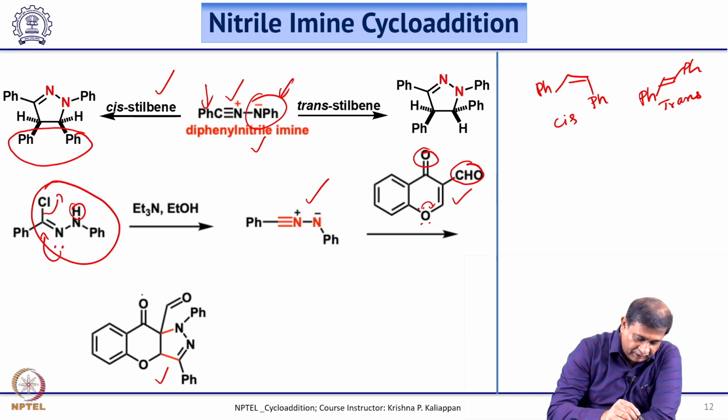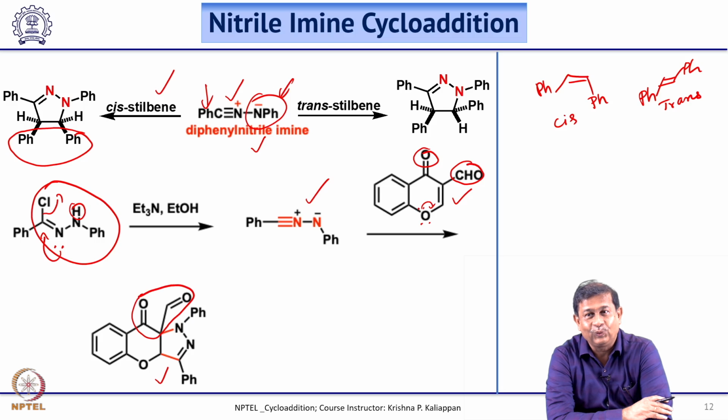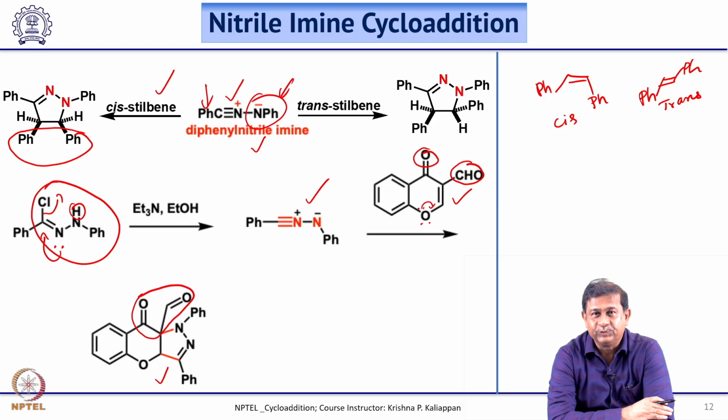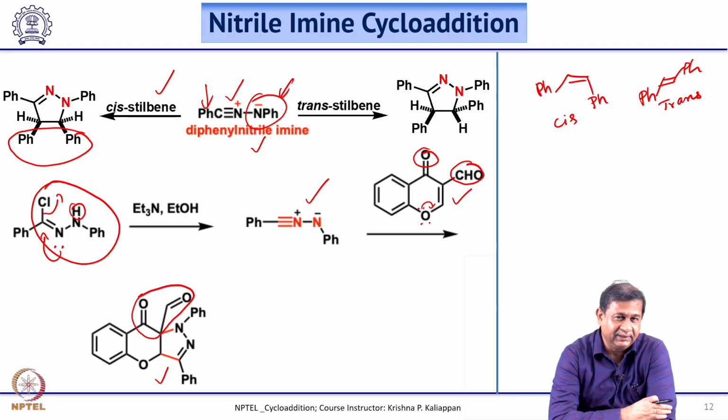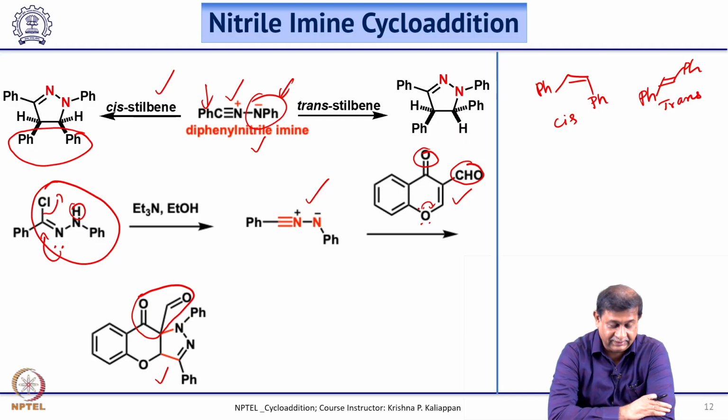So if you analyze this particular product, this is nothing but a beta-keto aldehyde. The beta-keto aldehyde can be easily removed. If you heat it, or if you do an acidic treatment, then the beta-keto aldehyde can be easily removed. One can also add nucleophilic bases like OH minus, and then also you can easily remove it.